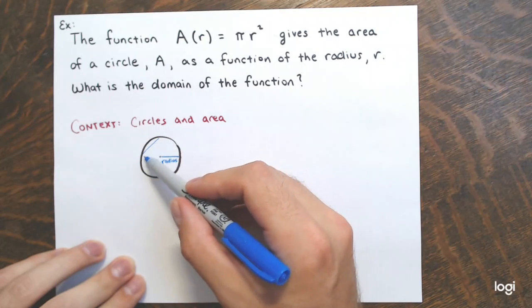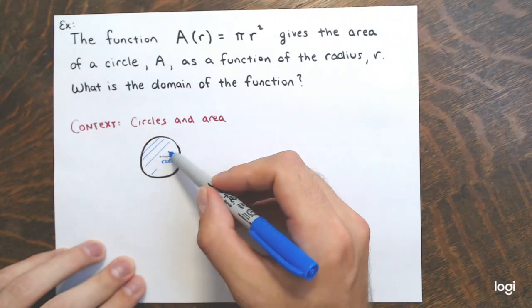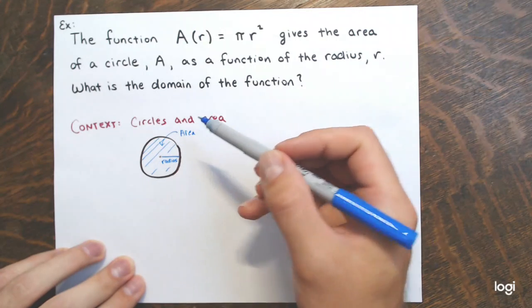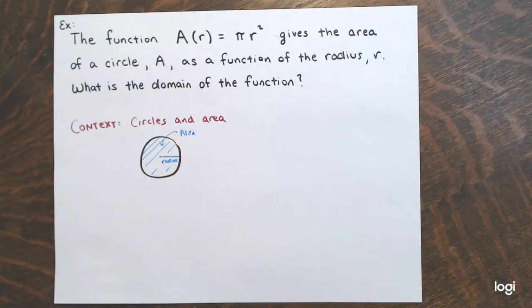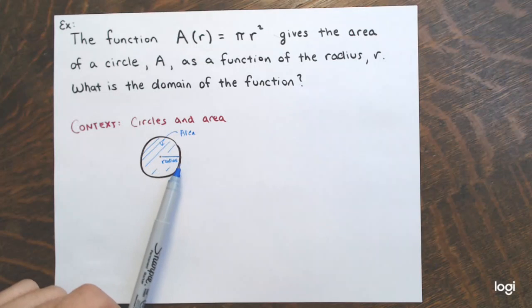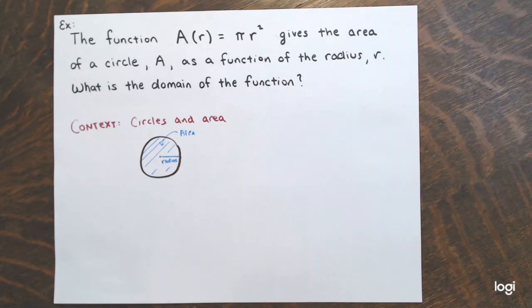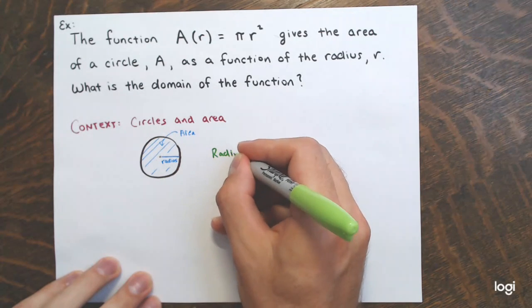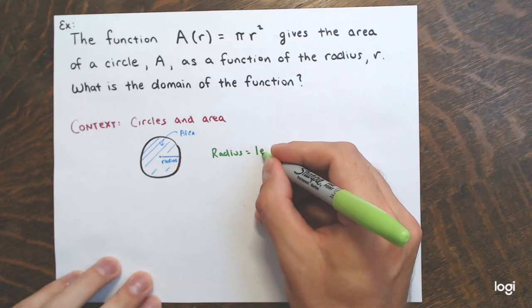And then the area is the amount of space taken up. Okay, but the radius is a length. So when they're mentioning radius of a circle, this is a length.